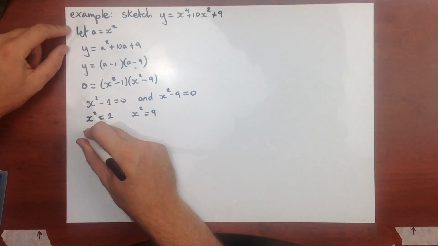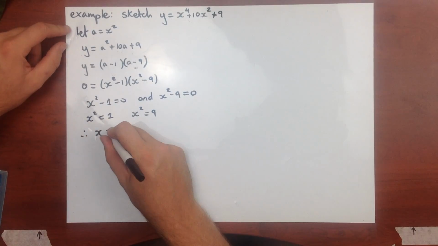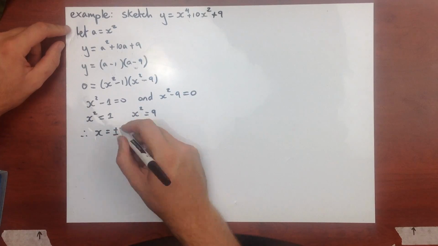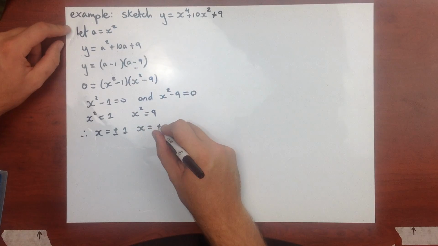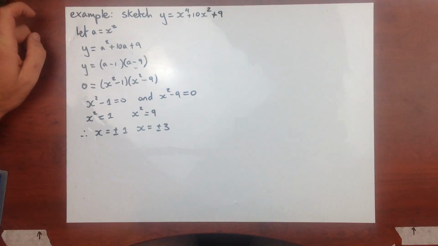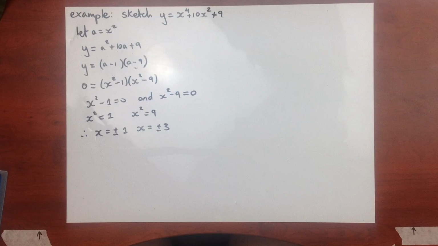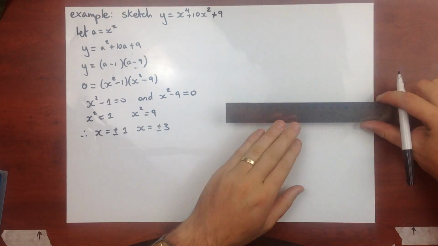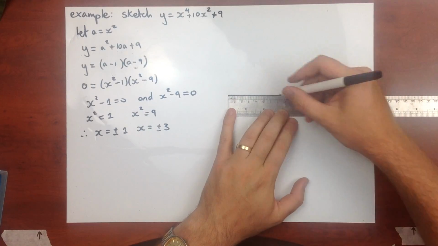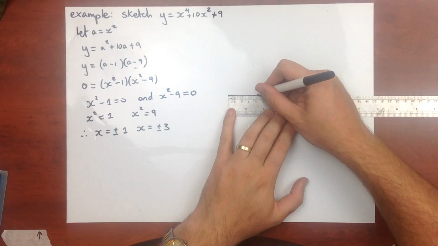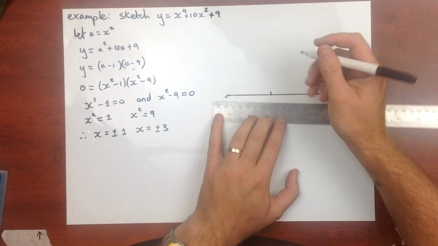Okay, so we can say then that x equals plus or minus 1, and x equals plus or minus 3. So they're going to be our x-intercepts. So we can go ahead and look at graphing this now. I'll give myself a little bit more room here actually.